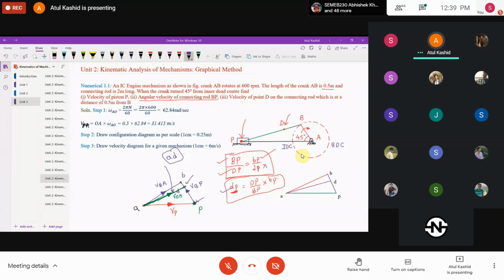Okay, so now the solution required is velocity of the point D on the connecting rod, right? So that we need to obtain. Please reply in the chat box, what is the velocity of the point D, which is on the connecting rod?